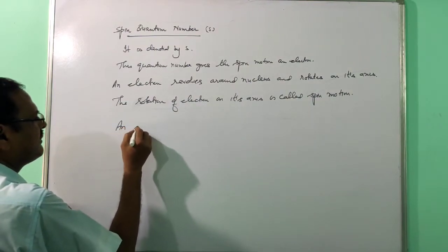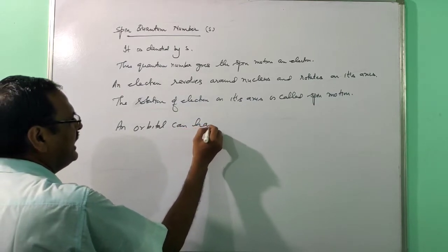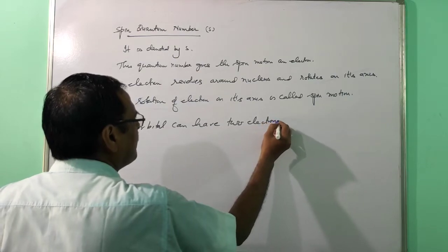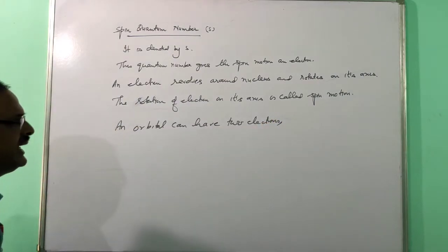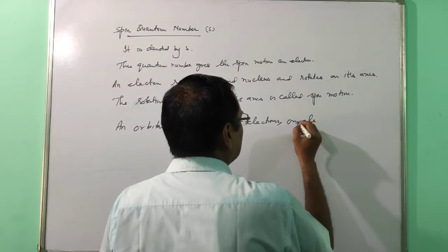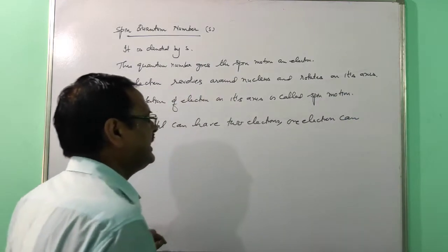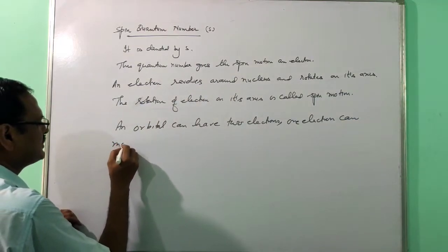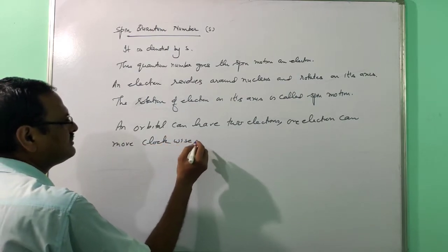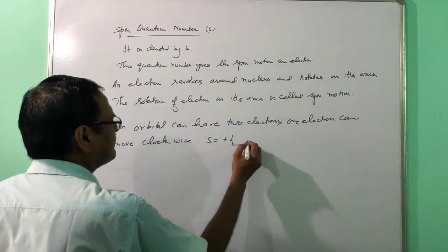An orbital can have two electrons. One electron can move clockwise, s will be plus half.